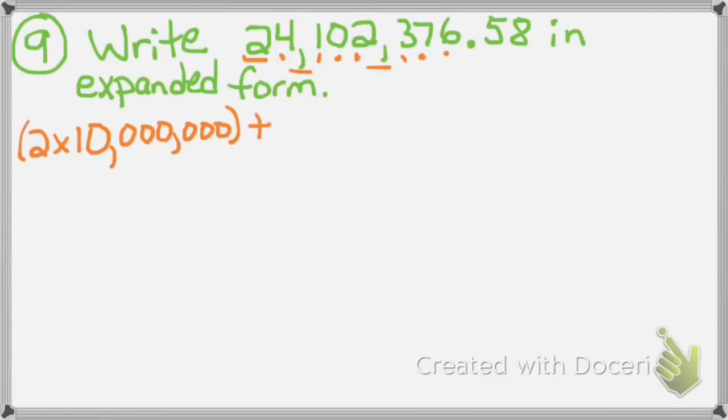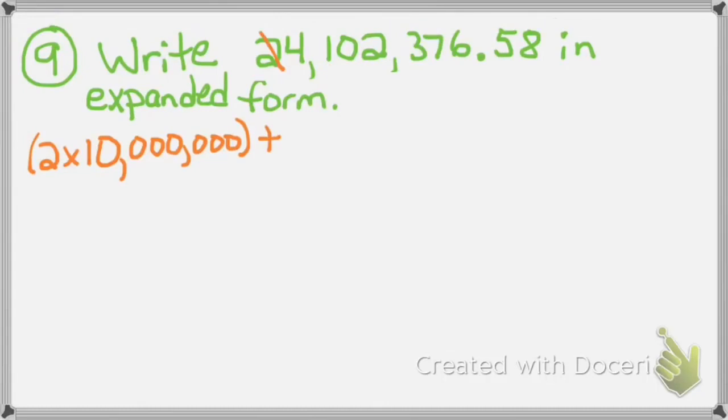I'll put my plus sign, and now I can focus on that next digit. My next digit is the 4, so I'll open my parentheses, put 4 times, start with a 1 because it's in whatever place value column that it's in. Next thing I come to is a comma, so I put a comma in my number.